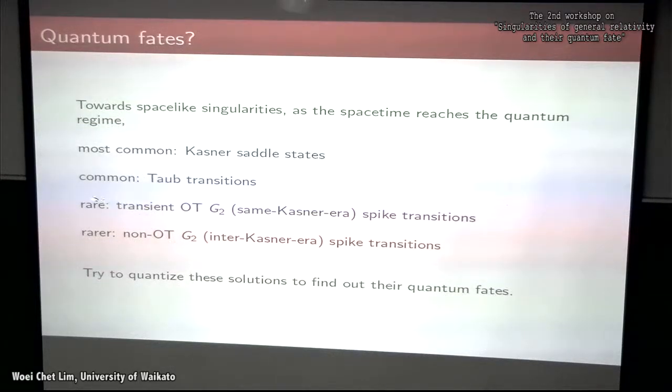Spikes are rare because they happen at fixed surfaces. Actually, let's say x equals 0 surface or x equals 1 surface and so on. Whereas in between them, you get Taub transitions instead. The non-OT spikes are even rarer because they only happen between Kasner eras. So the open question is, how do we quantize these states? And that's what I'm here for. Thank you.